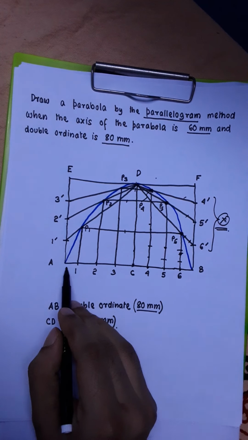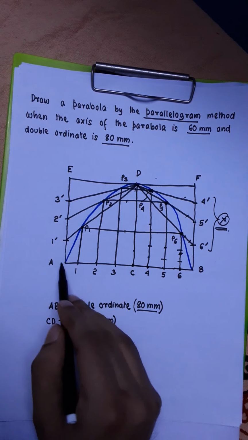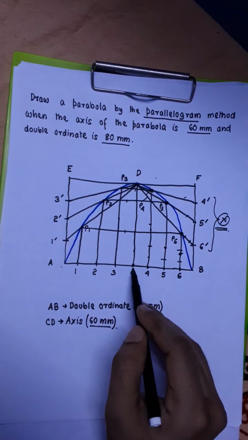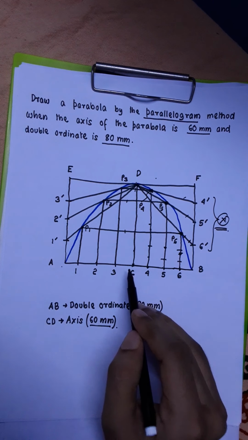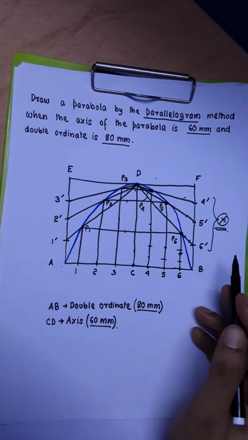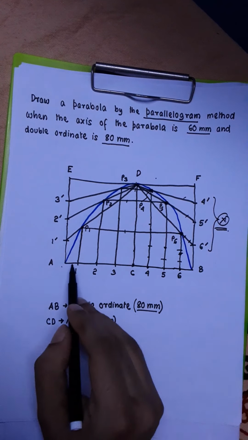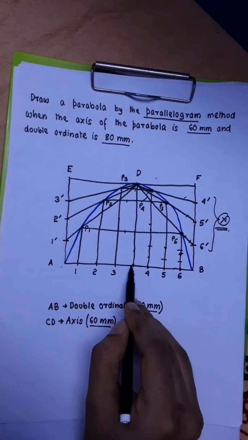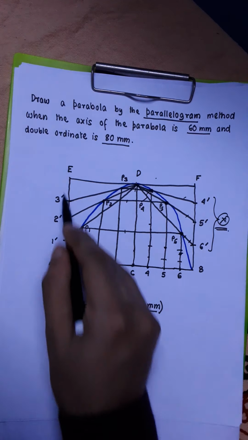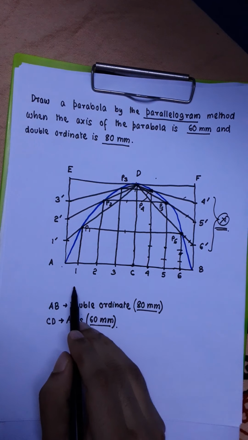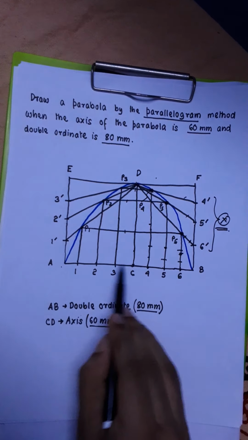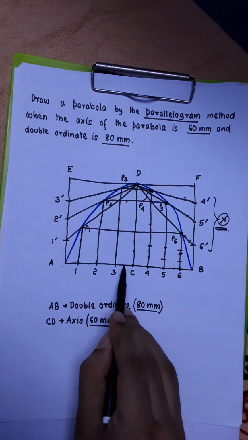So what you do is, you do some construction in this part AEDC and repeat the same construction in the part CDFB to get the remaining half of the parabola. So first you divide the segment AC and the segment AE into the same number of equal parts. Here the segment AC has been divided into 1, 2, 3, 4 equal parts.